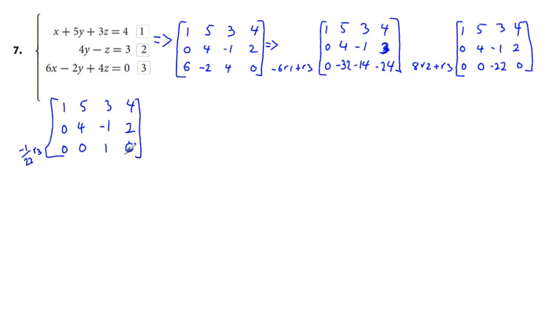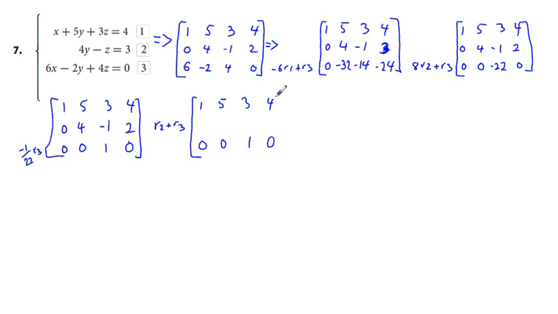Okay, the next step we're going to do is take row 2 plus row 3 right in the middle, and we're going to bring over row 1 and row 3. So we're doing elementary row operations just one at a time. 1, 5, 3, 4, and the bottom one we bring over is 0, 0, 1, 0.